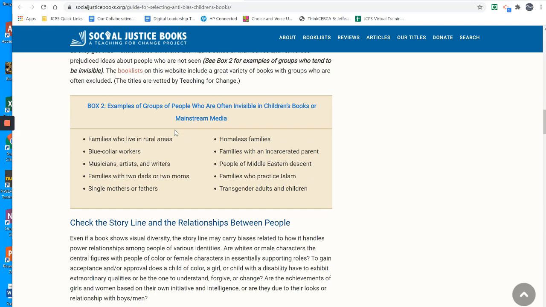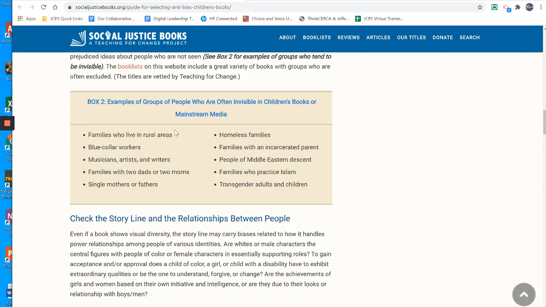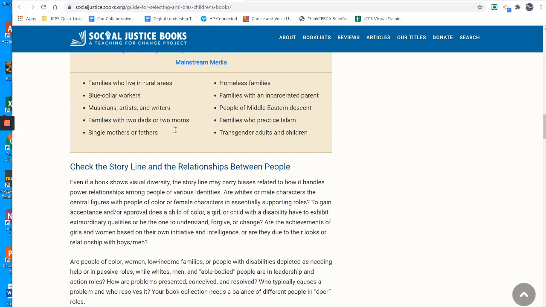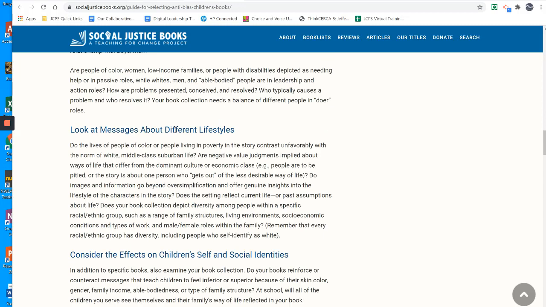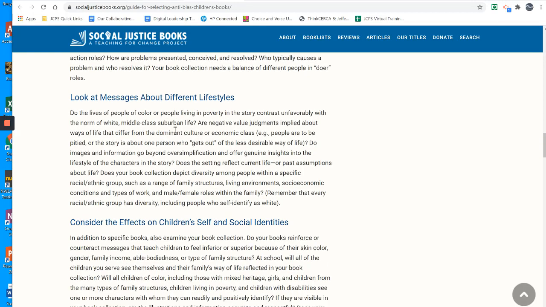So we want to be aware of those deficits and ensure that we make these invisible populations visible, because once again, my goal is to ensure that my students see themselves, see a mirror in the text that I'm using in my classroom. And we want to check the storyline. We want to look for messages about different lifestyles. We want to consider the effects on students' self and their identities.